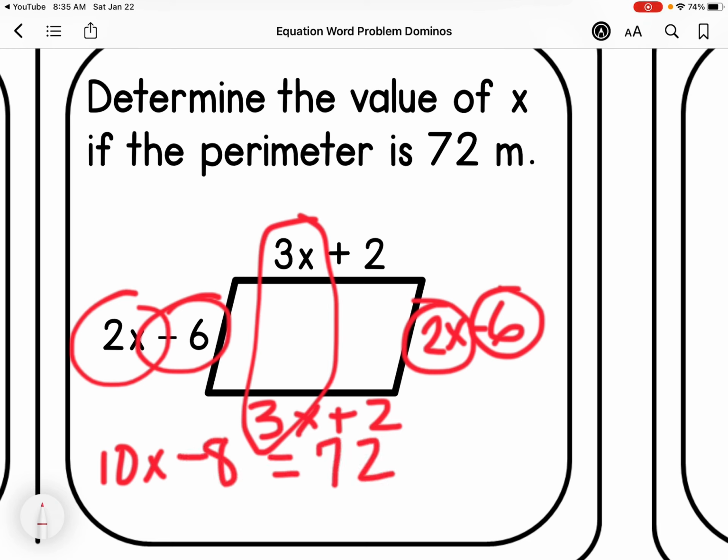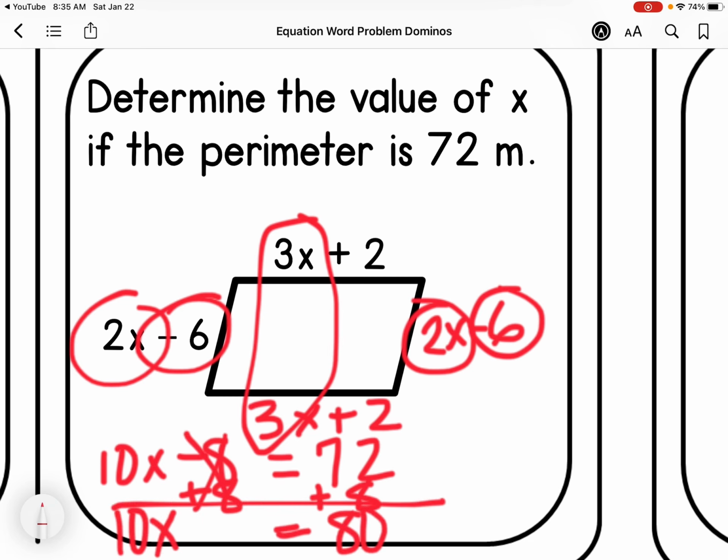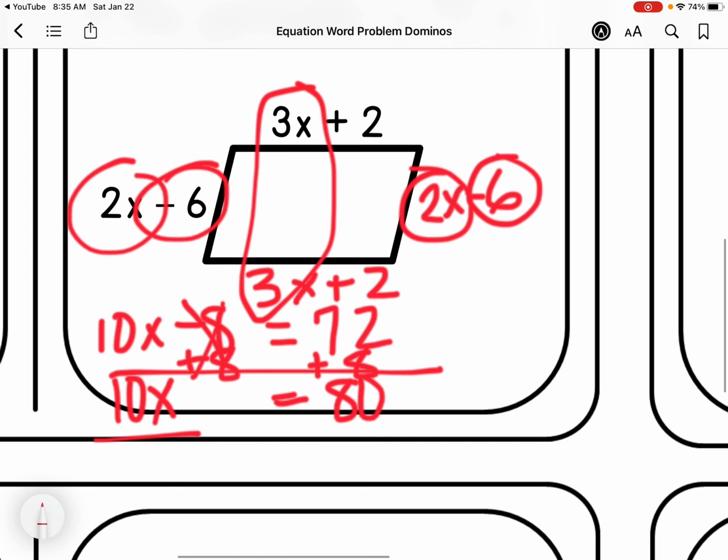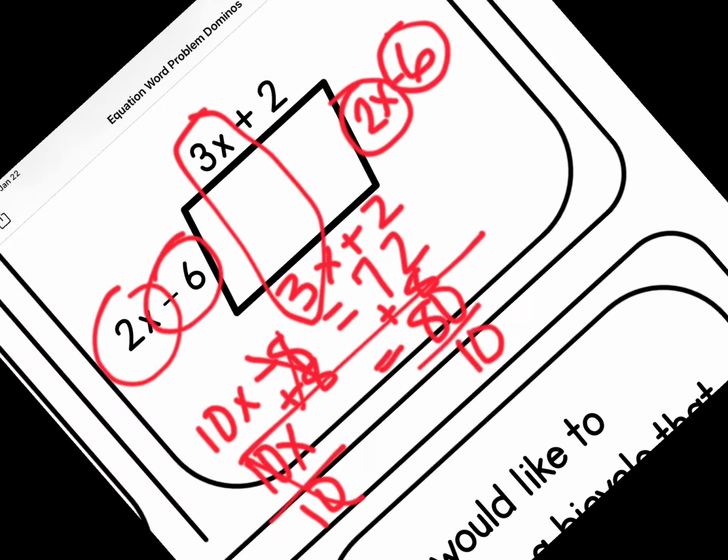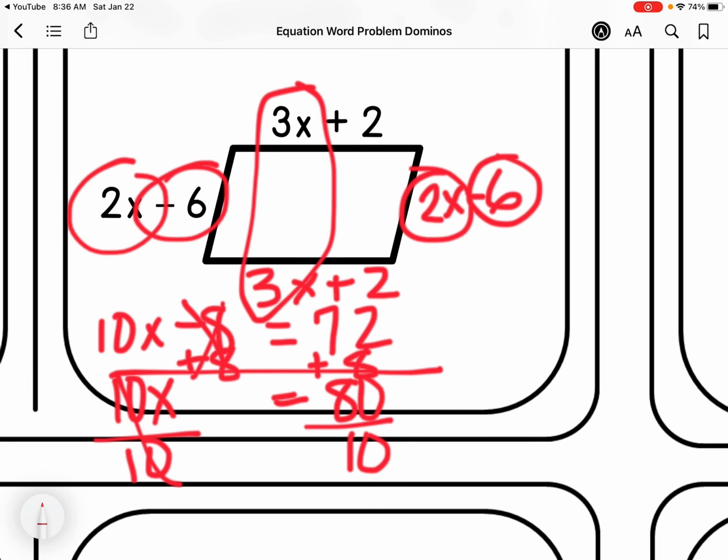I think that's what it should say. Okay, so then you're going to add 8 to each side. So 10x equals 80. You would divide by 10 on each side. So x equals 8.